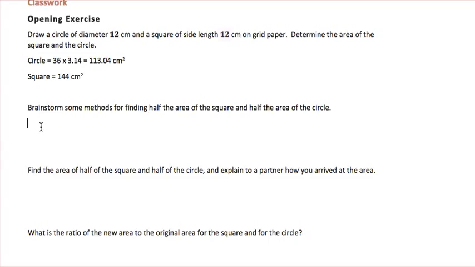I would divide them each in half. And we're asked then to actually find the area of half of the square and half of the circle, and explain to a partner how we did that.